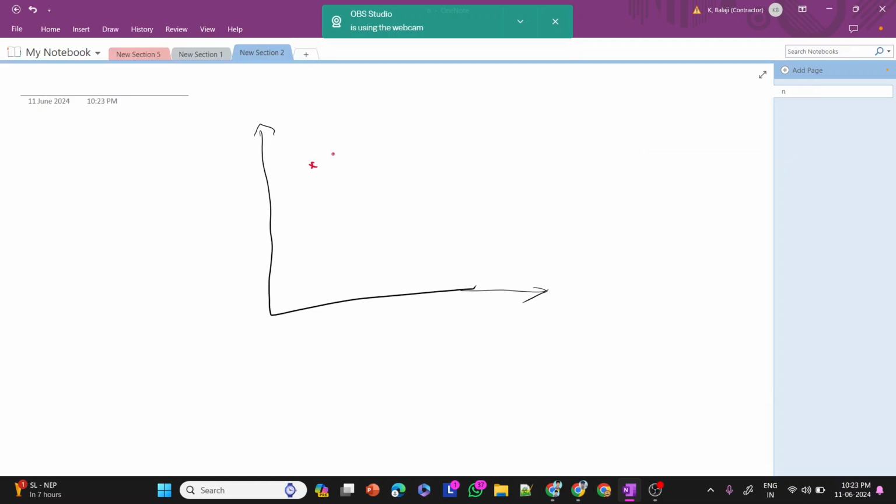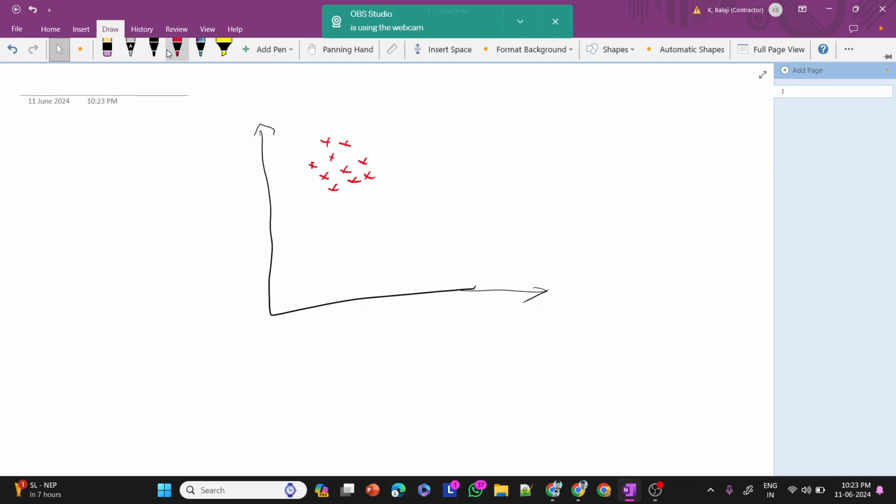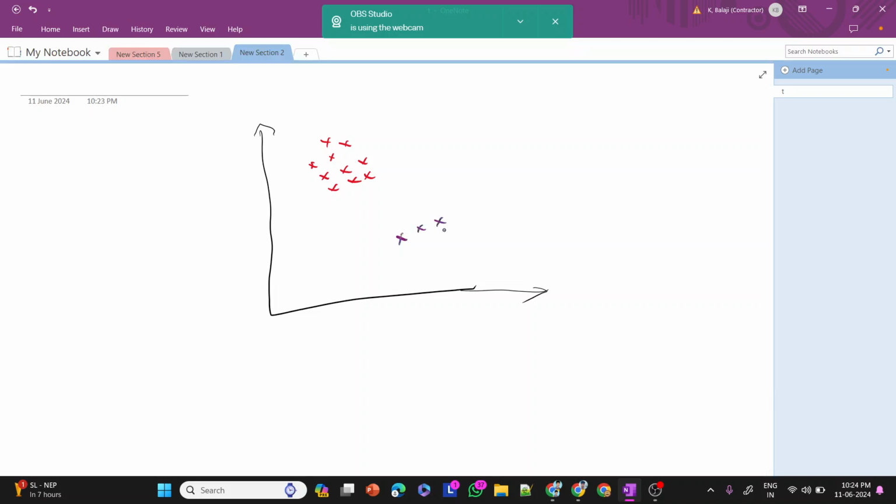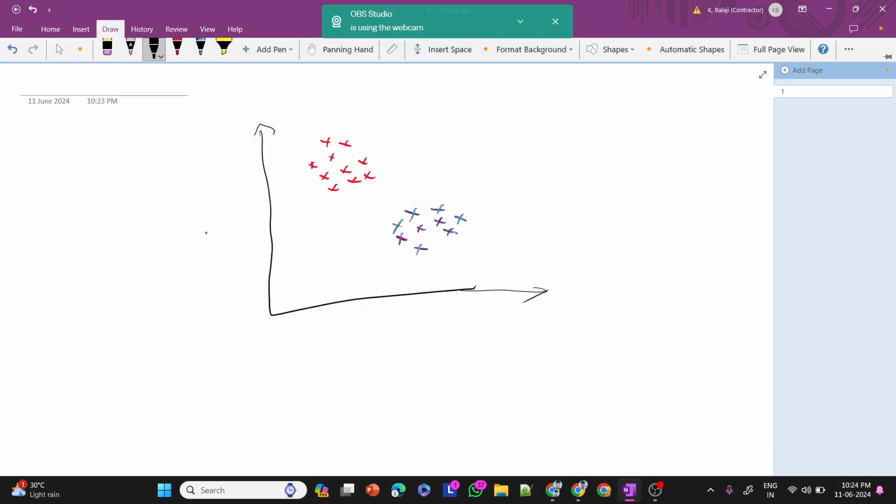Here we have some groups, and let's take another group of data points that are present here. Our aim is to find a hyperplane that separates those data points.